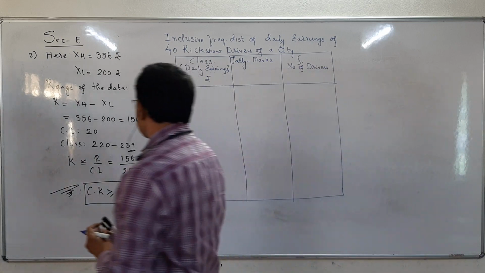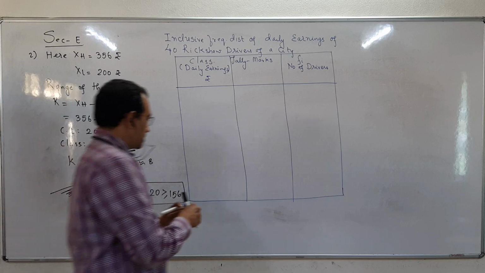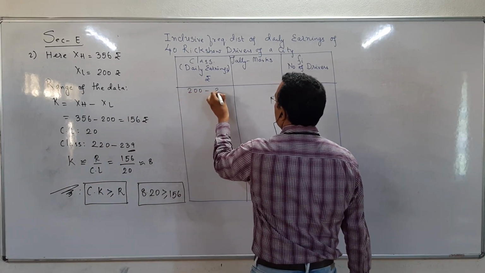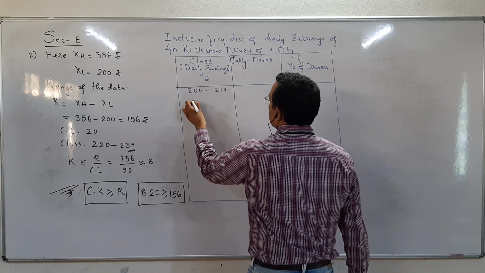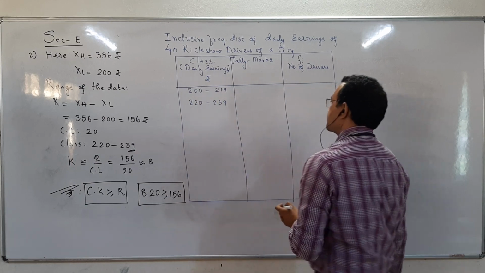Now the first class must include the minimum, 200. So class number 1 will be 200 to 219, then 220 to 239. Check.